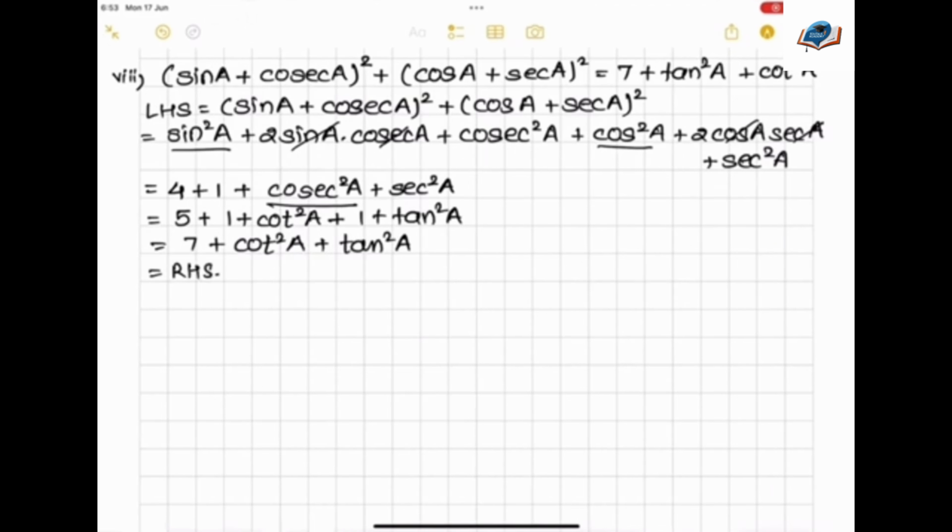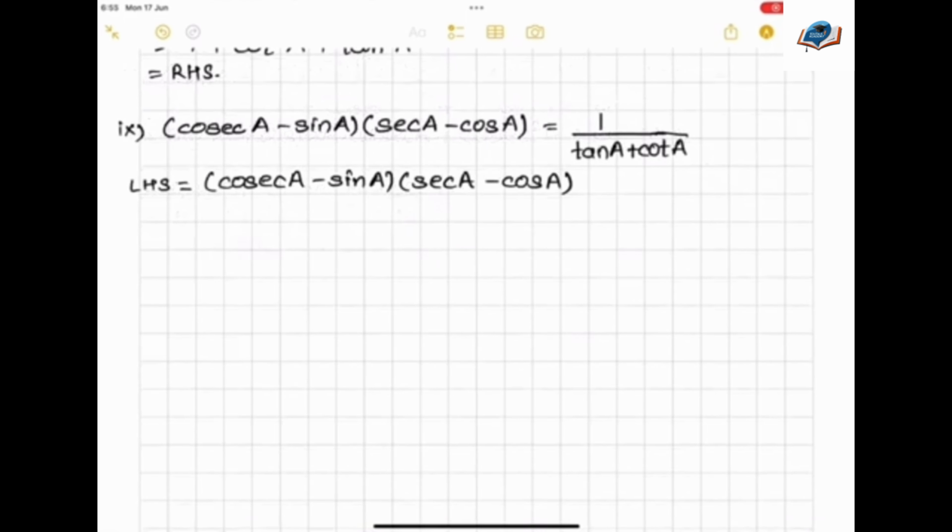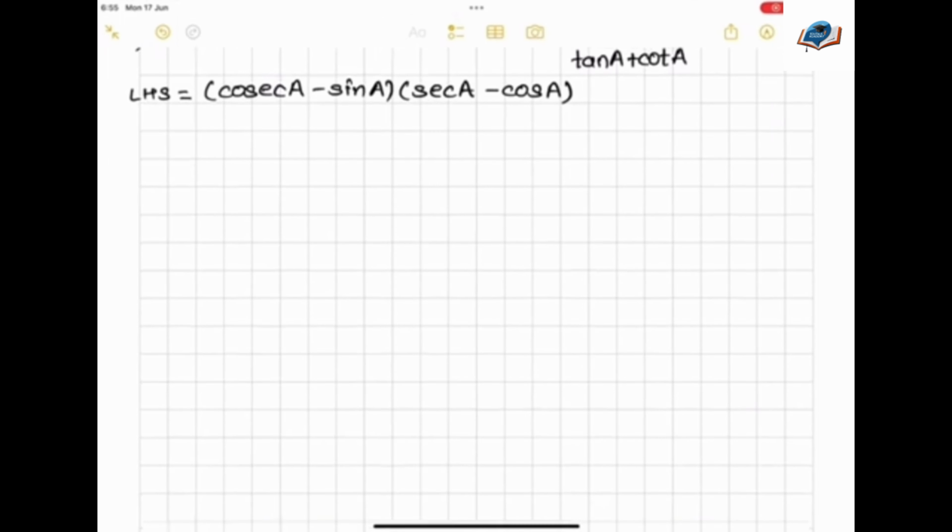Now the ninth one says (cosec A minus sin A) into (sec A minus cos A) equal to 1 upon tan A plus cot A. So LHS I have taken.